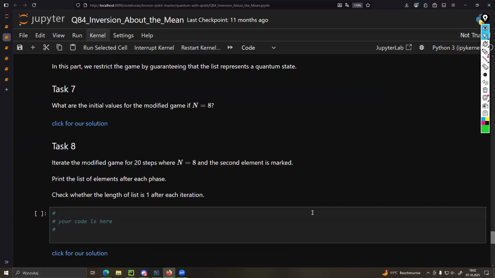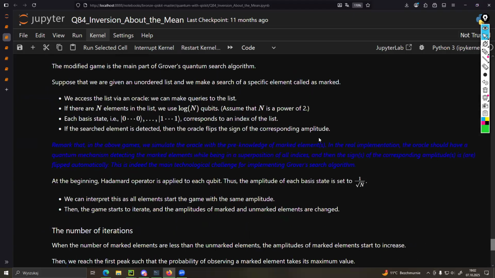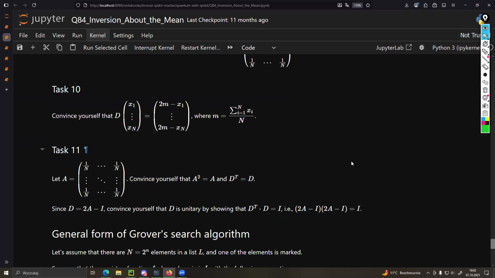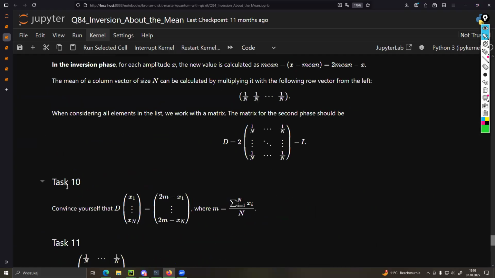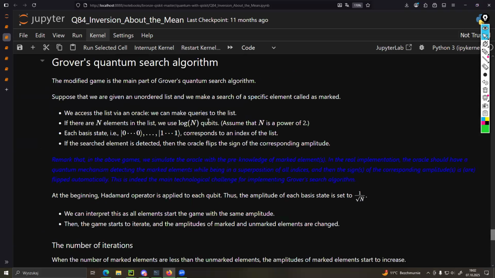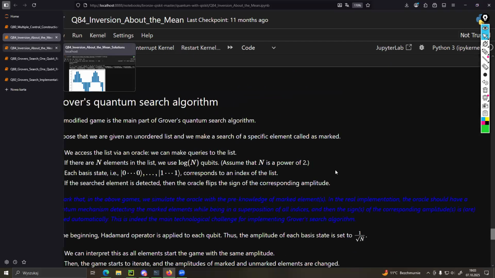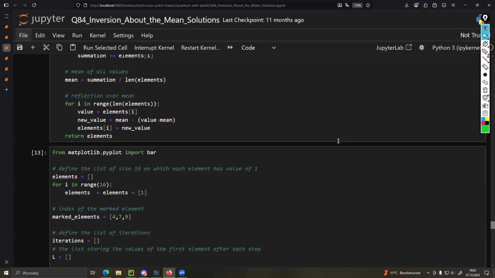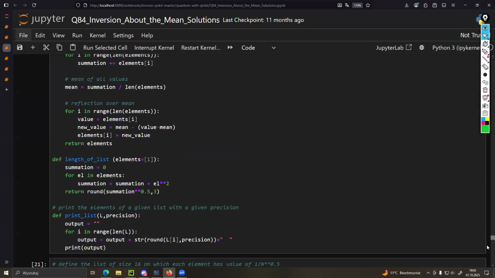And then we could actually make even more operations. And here we have a text that represents the actual Grover search algorithm. So we will go towards it slightly later on. So let me load all of this.